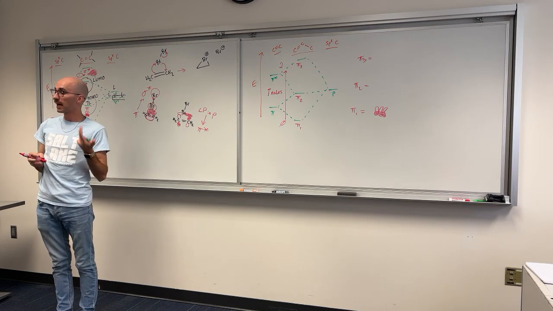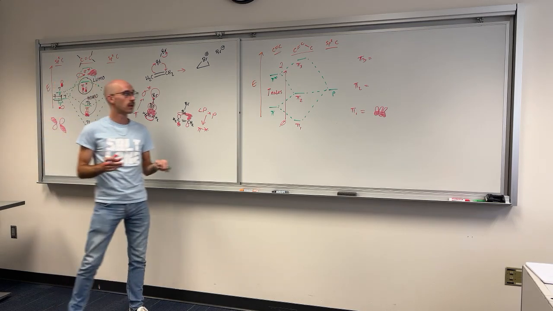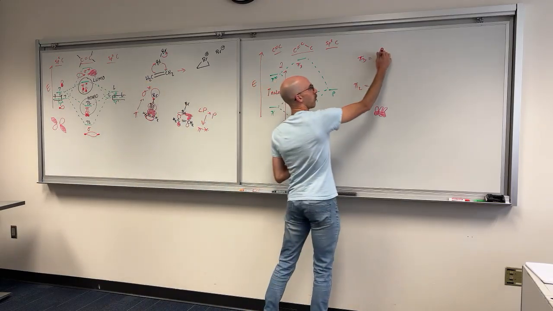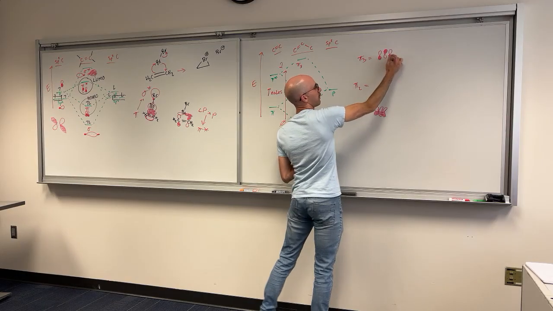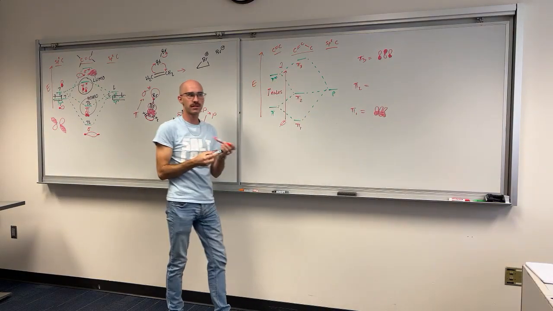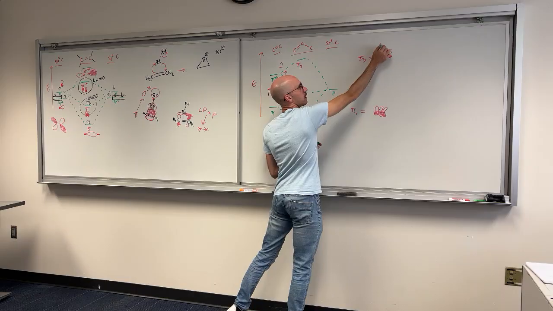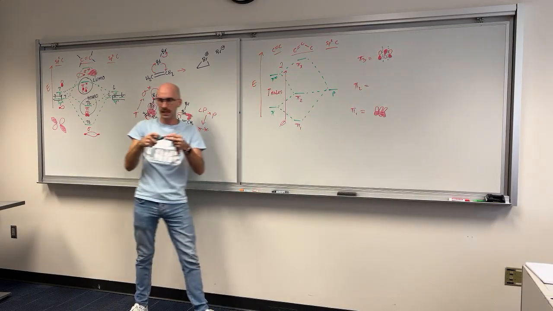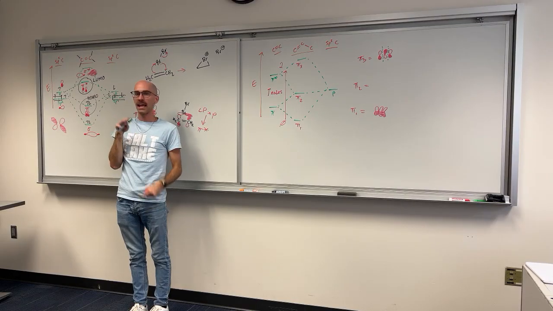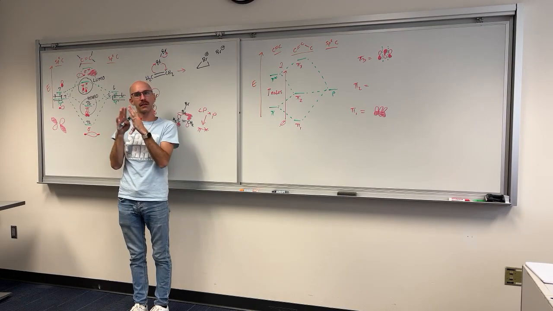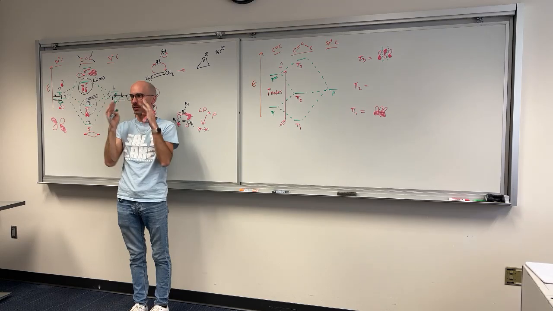To draw pi 3, we draw 3 orbitals next to each other, all out of phase with each other. Notice that the nodes run between the nuclei. And notice that the nodes are fairly symmetric in the structure.